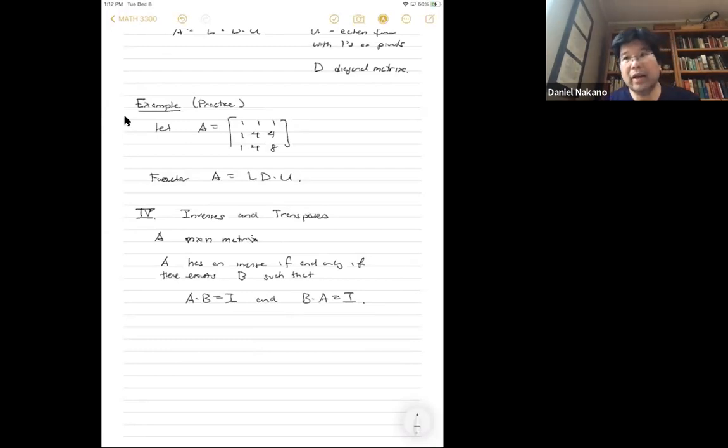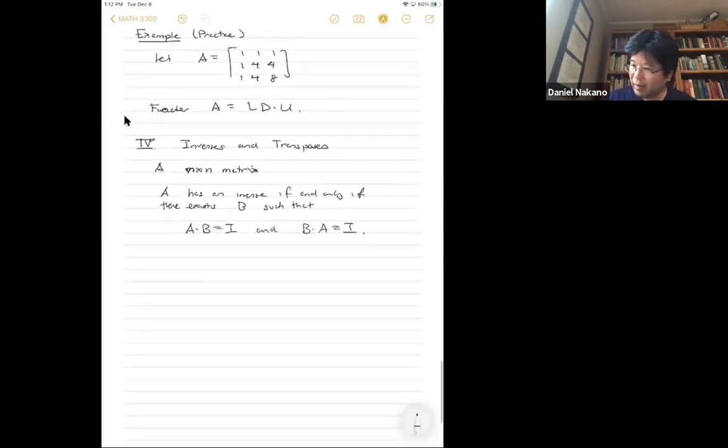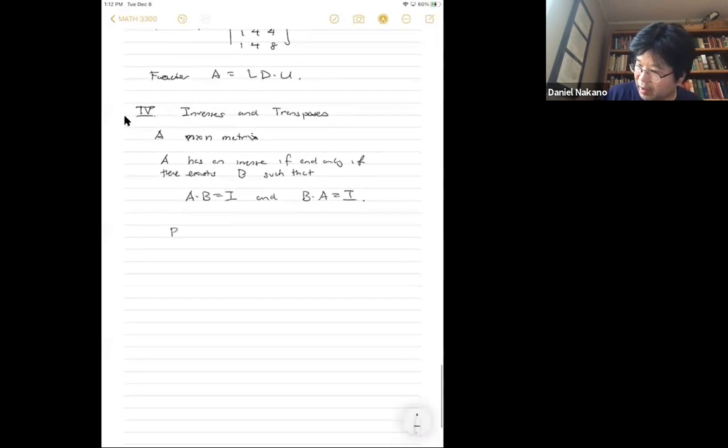One of the things we showed was that once you have this property, the matrix has to be unique. So we can say that B is equal to A inverse. In terms of inverses, there are two procedures.